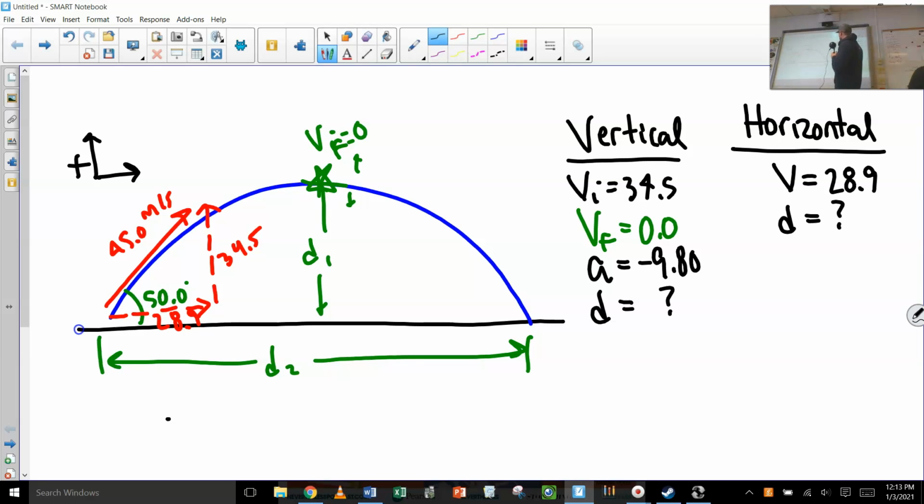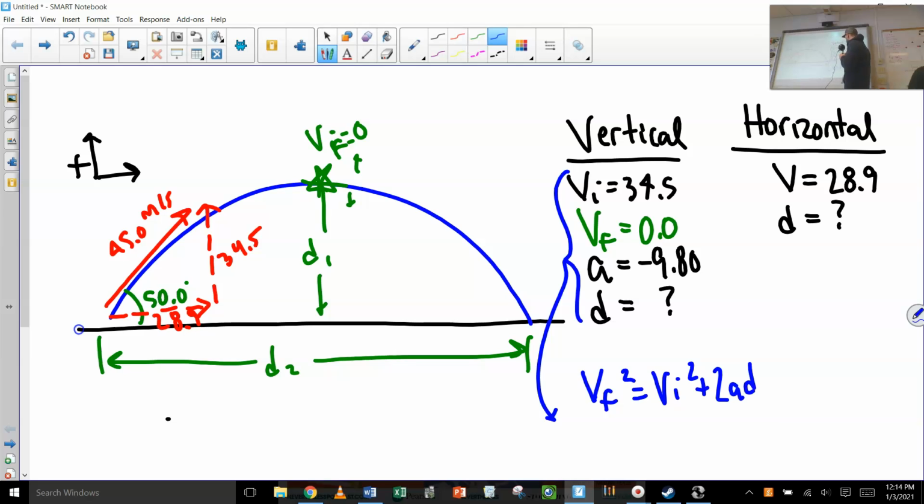So I think that we can use these things right here to find my vertical displacement. I think I'm going to use VF squared equals VI squared plus 2AD. So my final velocity being 0, my initial velocity being 34.5, the acceleration negative 9.8, and the displacement is unknown.